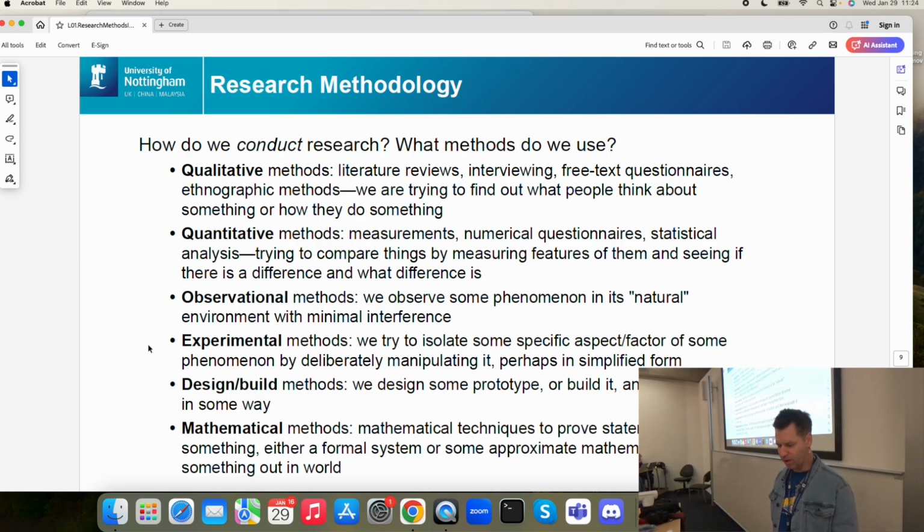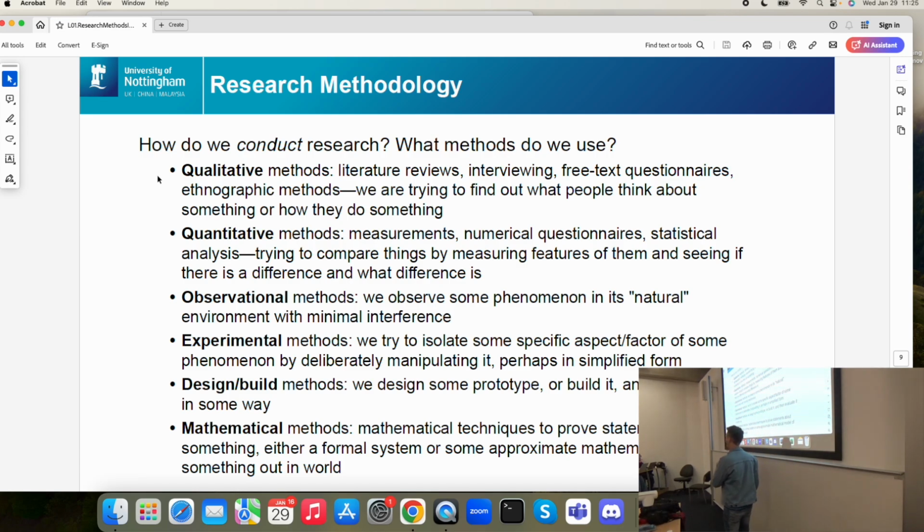We conduct qualitative methods. Qualitative, these words are very similar, so if I mix them up by accident, please forgive me. Qualitative methods involve things like literature reviews, interviews, text questions or natural language-based questions and answers, ethnographic methods based on observation, or anything that's associated with natural language.